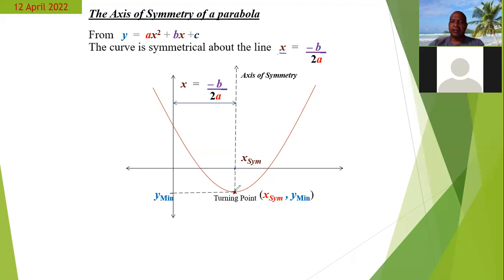That point we refer to as the turning point, because it is a point at which the curve starts to change direction. If you think of coming down a slope and you reach this turning point, then it starts to turn and go back upwards. That's why it is called a turning point. That's the point where the curve begins to turn back up. All right.